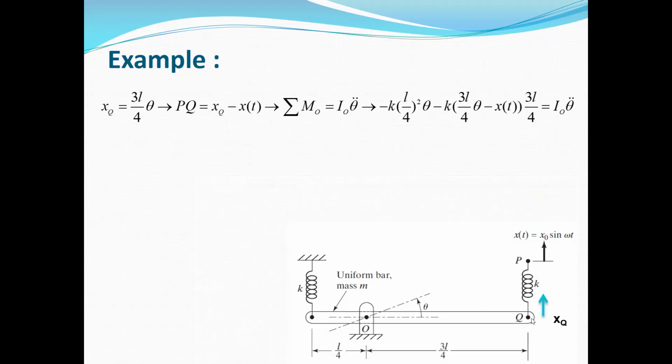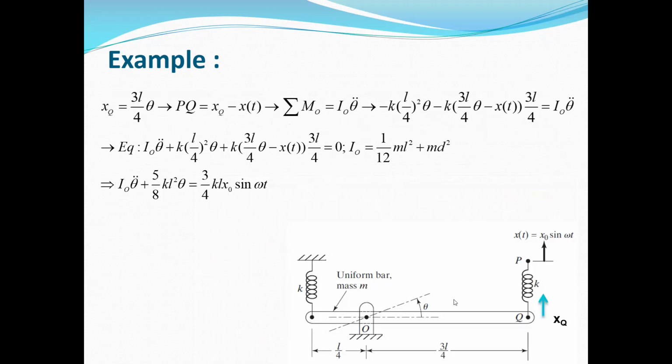Okay, the displacement of point Q, which we call xq, is equal to the length of the arm, which is 3L divided by 4, times theta. This is the deflection of point Q, and the displacement for point P is x naught sine omega t.